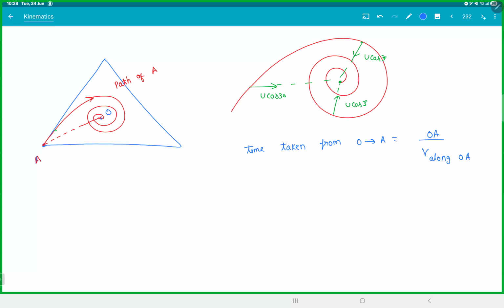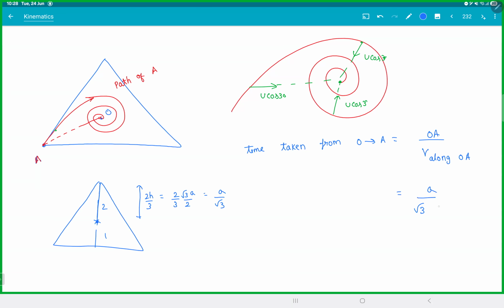In a centroid, this height will be how much? It divides in the ratio of 2:1. So that will be 2h by 3, that is root 3 a by 2, so a by root 3. So this will be a by root 3.